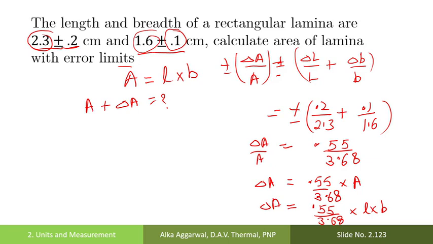So the result is 3.68 plus minus delta A, which is equal to 0.55 centimeter square.